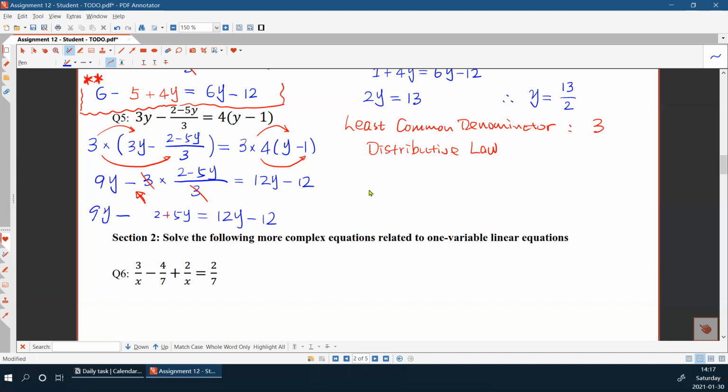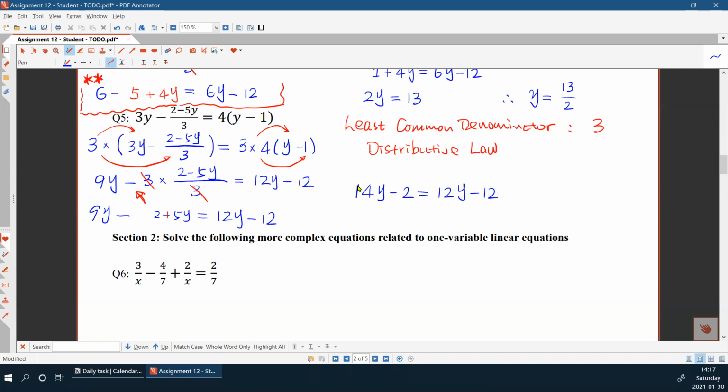Left hand side, we have 4y minus 2. Okay, right hand side, we have 12y minus 12, right? Then, sorry, I made a mistake.